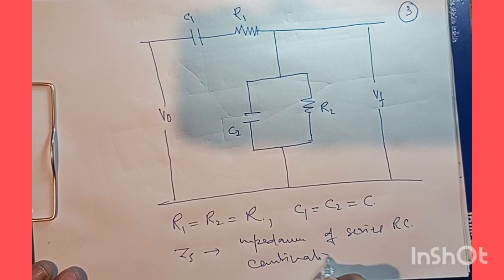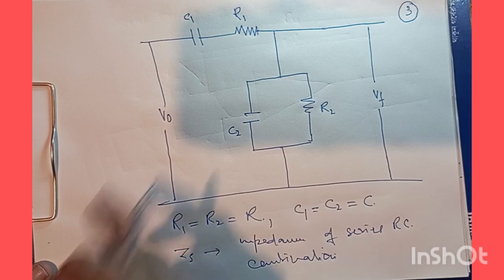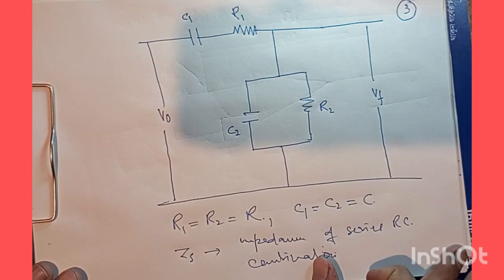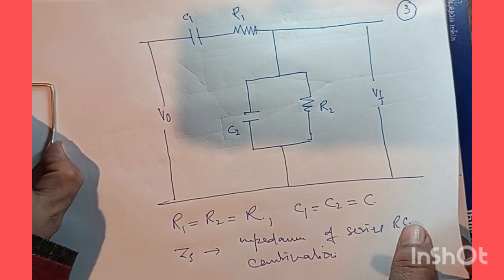Now this is clear to us that since this is C and this is R, what will be the impedance in this case?